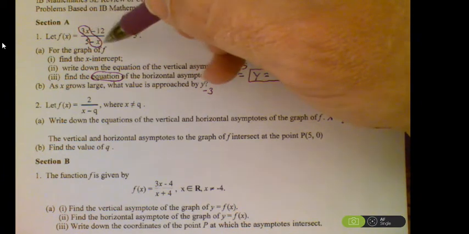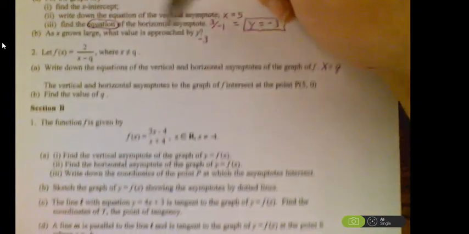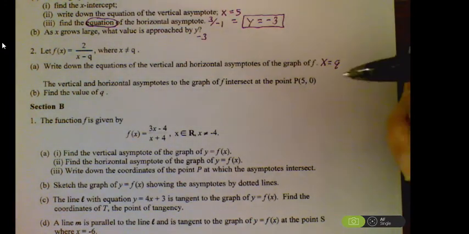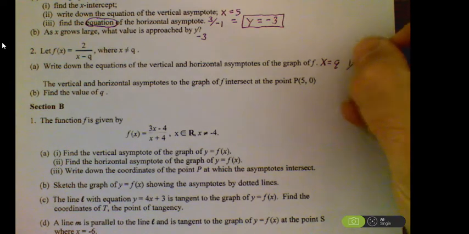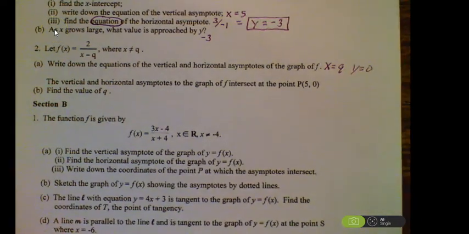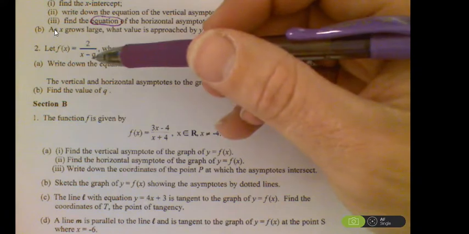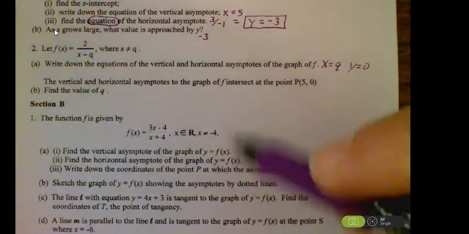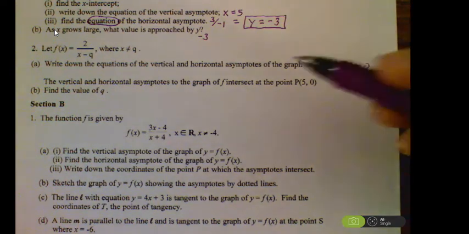This was x to the first and this was x to the first. However, when the exponent on the bottom is larger, it automatically gives you a horizontal asymptote where y equals 0. If you ever get a case where the exponent on top is larger, then there is no horizontal asymptote. So those are the 3 cases that you can run into.